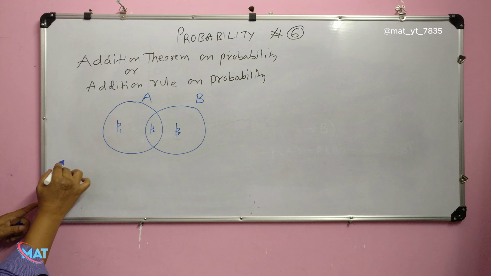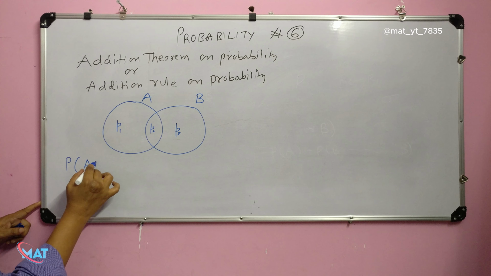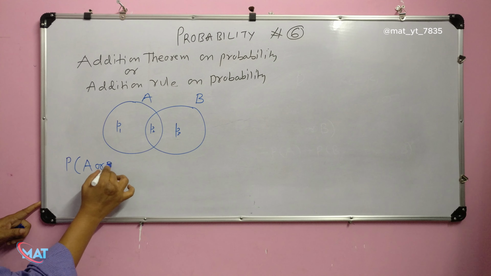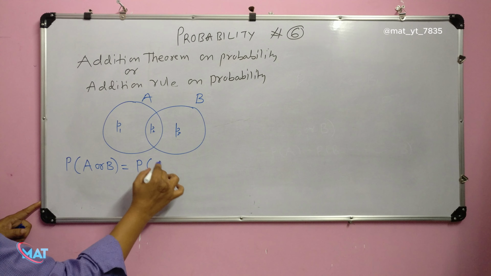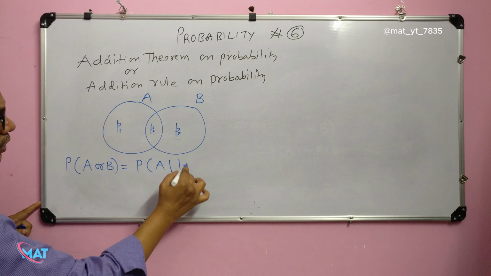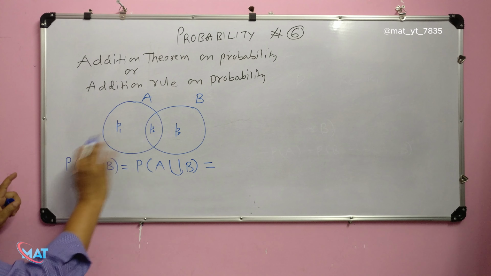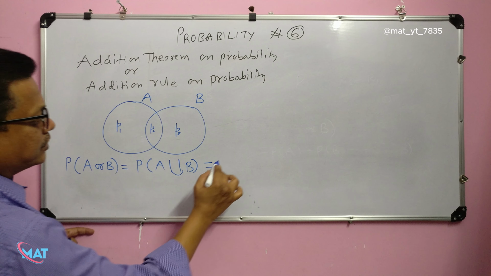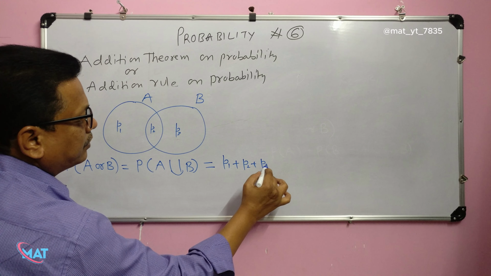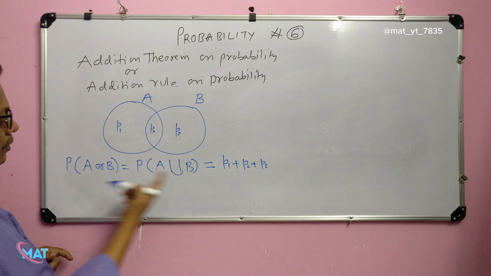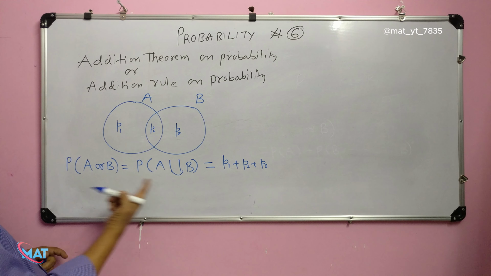So if you want to find the probability of the outcomes A or B, you can write it as the probability of A union B. To get the total outcomes in these two circles, you just have to add these three, P1 plus P2 plus P3. On adding these three, we get complete outcomes either in A or in B or both.